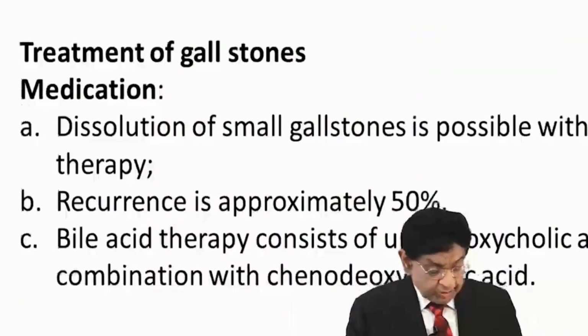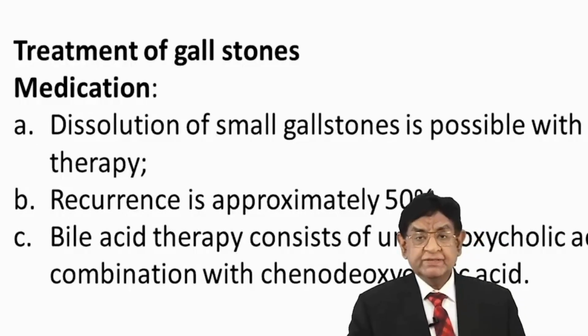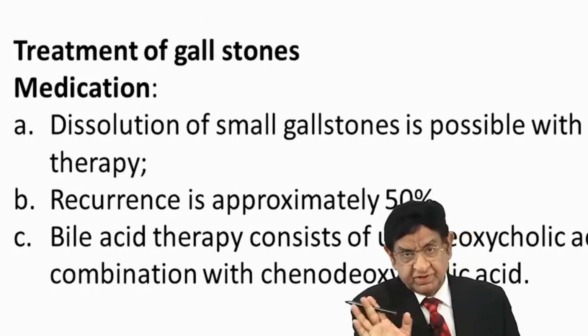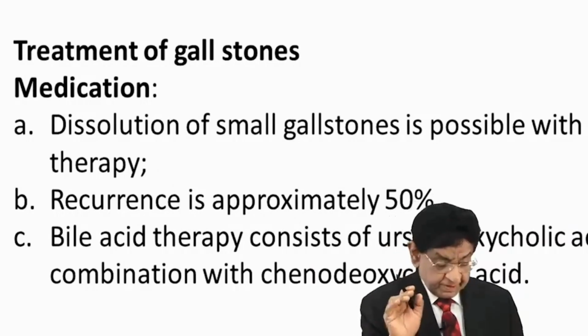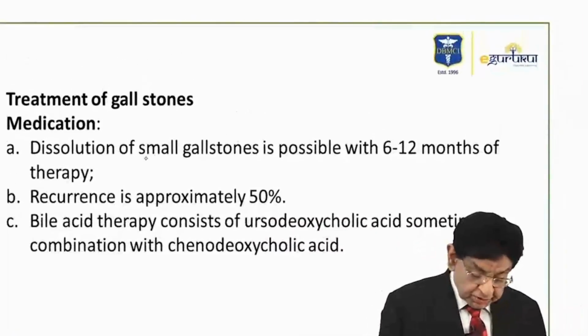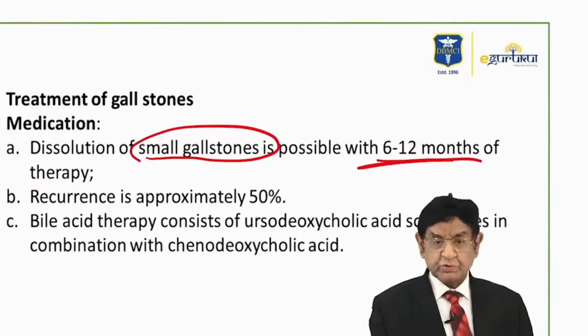So now, how to treat a case of gallstones? First of all, in the PG exam they do try medical therapy, but it is not very successful. We can try to dissolve small gallstones, but that takes about 6 to 12 months.